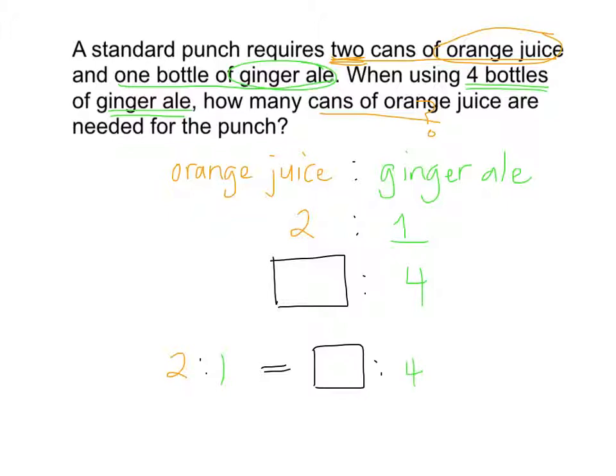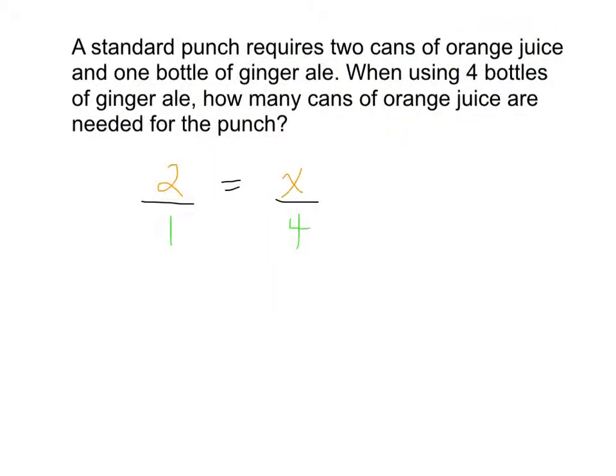Now we don't know what that something is, so let's give it a letter or a variable. A variable is used to represent an unknown. Let's choose x. We can also represent proportions using fractions, so let's rewrite this as fractions. 2 over 1 is equal to x over 4.